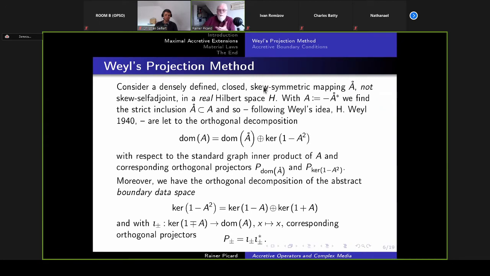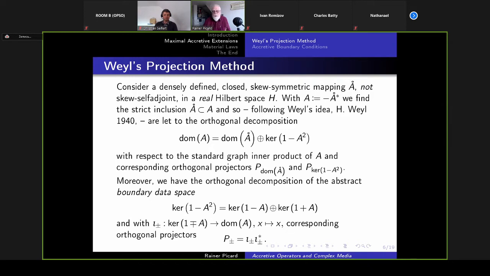So we want to implement, thinking of A circ as something that has all vanishing boundary conditions possible implemented, we want to consider now, starting with this, extensions to, for example, skew self-adjoint or M-accretive type operators.